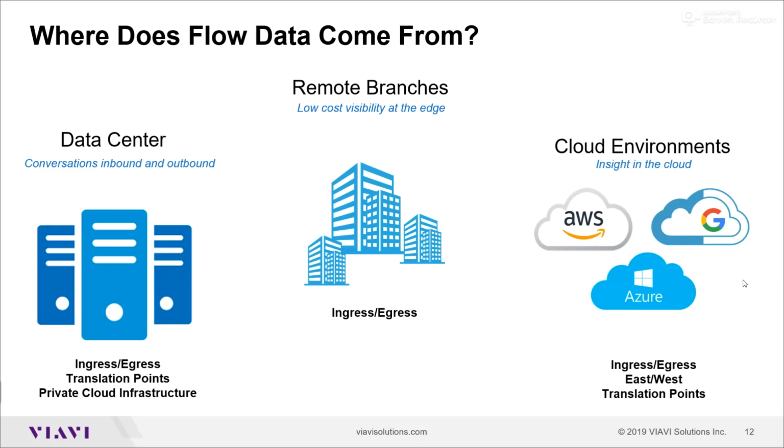But you also see a lot of flow information being generated from the data center: ingress, egress, transition points, private cloud infrastructures. You see it where the application delivery controllers and the load balancers are being hosted. And then obviously from cloud-based environments, AWS, Google, Azure, they all have some form of flow that they generate natively.